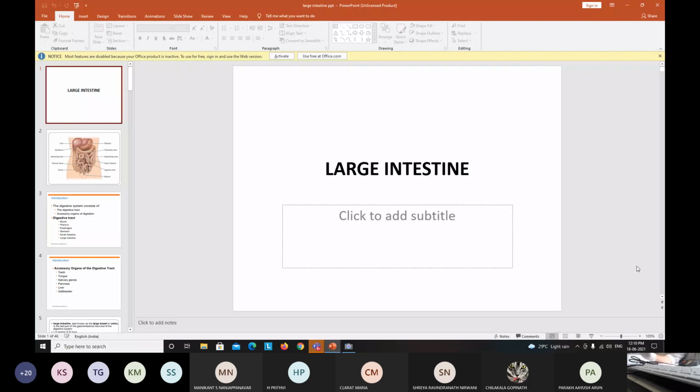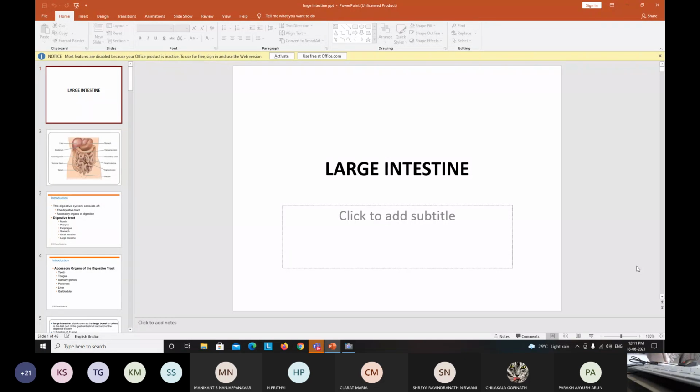Then the relations, then some important functions of that particular organ. Last class I told the sequence: blood supply, venous drainage, lymphatic drainage, nerve supply. Lastly, applied aspects, clinical anatomy. So about the large intestine, I will show some important slides.